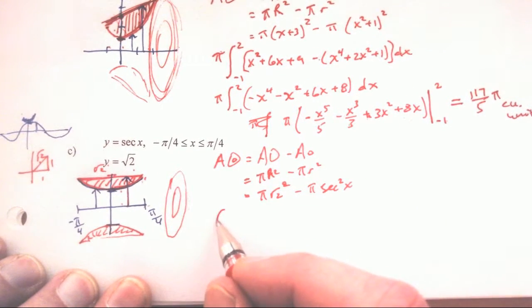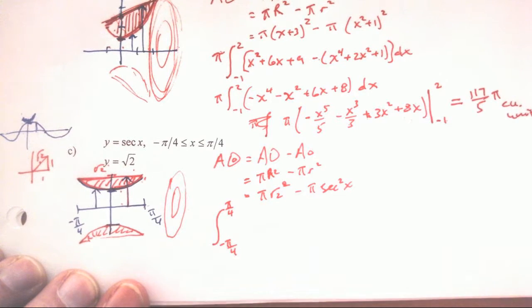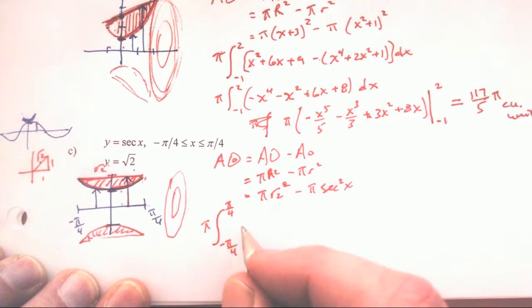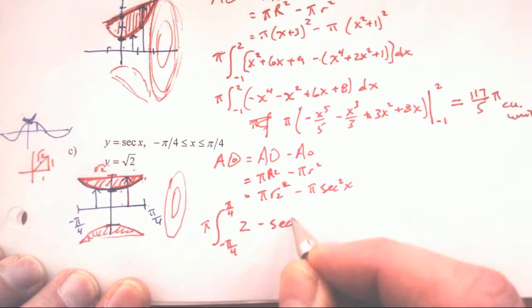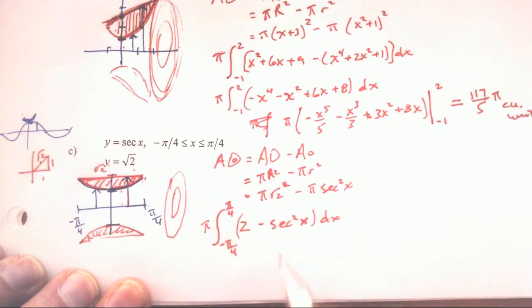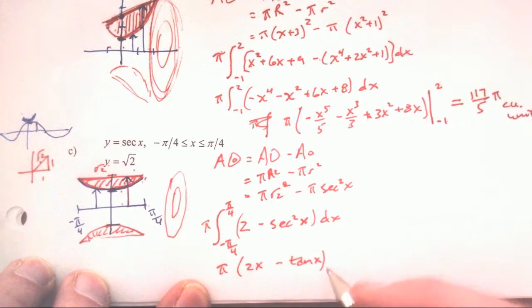So we've got integral, x runs from -pi/4 to pi/4 of, I'm going to factor the pi out, square root of 2 squared, that's just 2, minus secant squared x dx, or pi times 2x minus tangent of x from -pi/4 to pi/4.